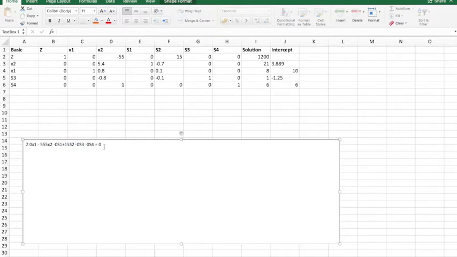Okay, these are all 0, and I've changed my solution here to 1,200. So now the only negative value is this x2 here, so I should use this as my entering value, because that would also increase this z value here in order to optimize my solution. Okay, so if we do that and carry out Gauss-Jordan on our table, we end up with the following.